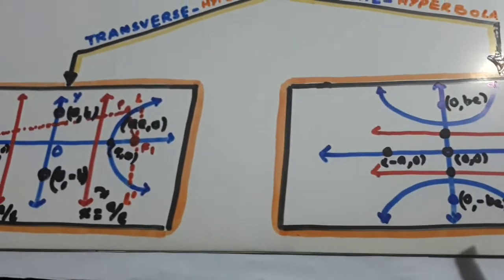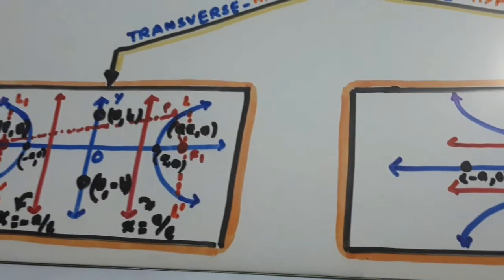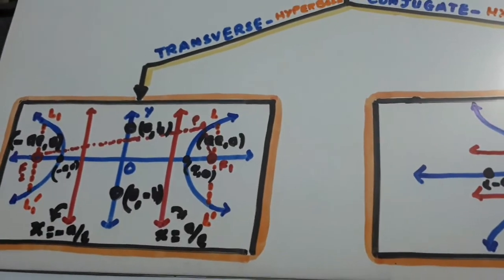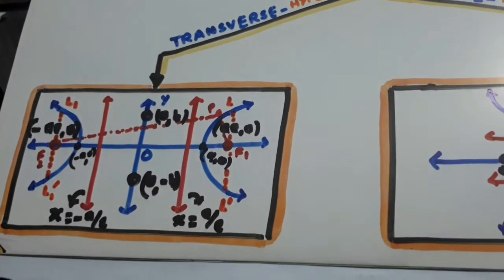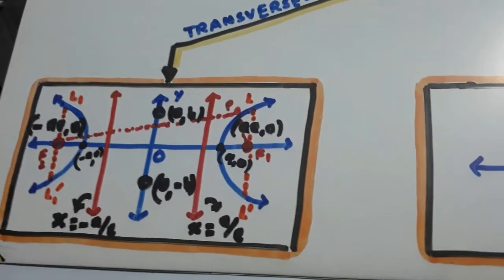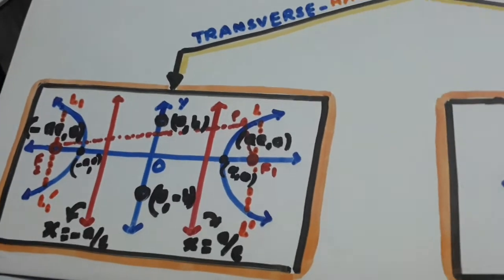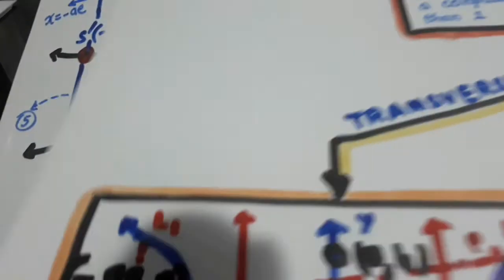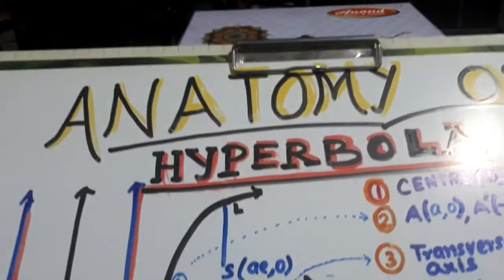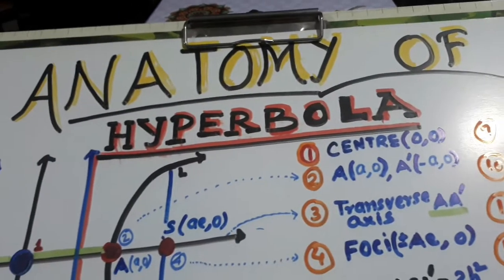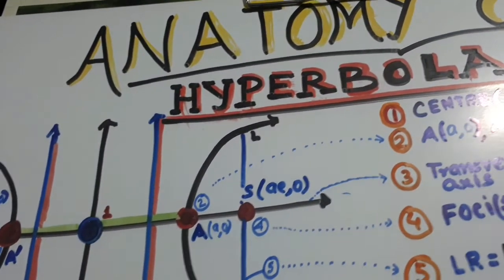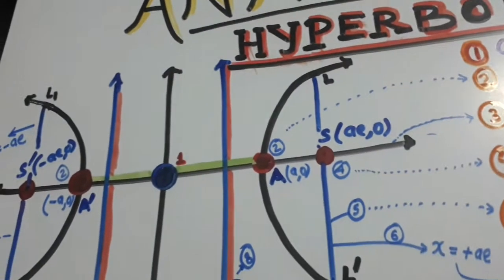However, in order to know the detail of these parts, I'll take you to my second sheet of the notes. Now, here it is. This is the anatomy of hyperbola. I am dealing with one, second is just similar.